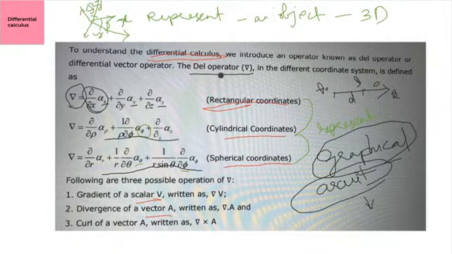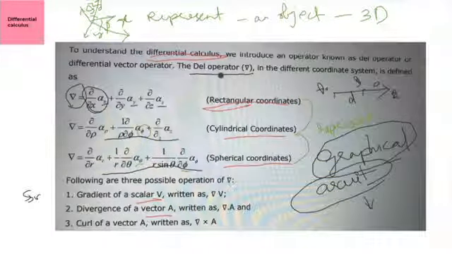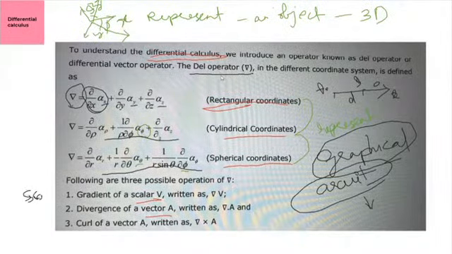Now, when you apply the del operator to a scalar quantity, what is a scalar quantity? What is a vector quantity? Those are also things you have studied in your physics in school. It's the same thing. Scalar is nothing but a quantity without direction, having only magnitude.